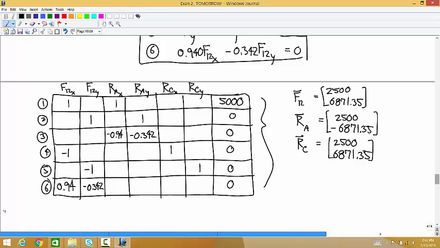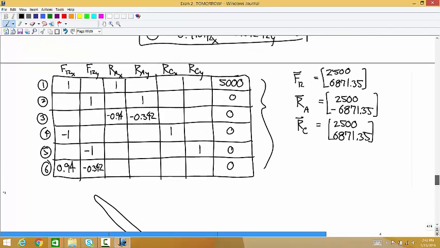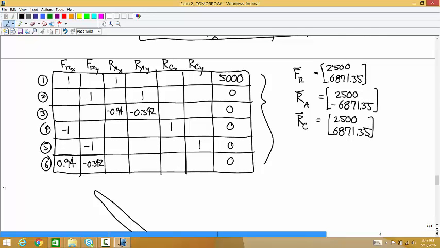All right, so what we got here is on member 1, we have this force vector 2,500, negative 6871.35.